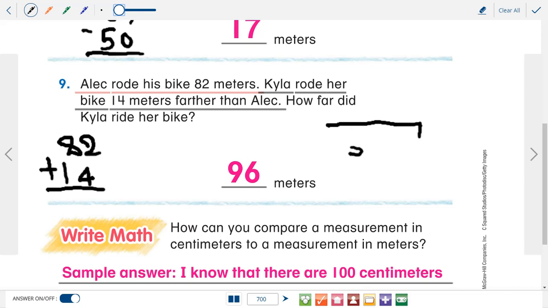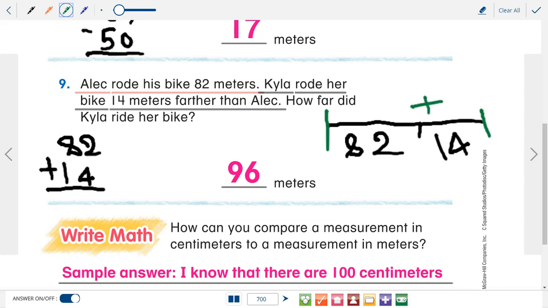Okay, the first one is that she rode her bike like Alice for 82 meters, and then she also rode for 14 meters. So she did all of that, from here to here. That's why we're going to add them together. So 82 plus 14 equal 96 meters.